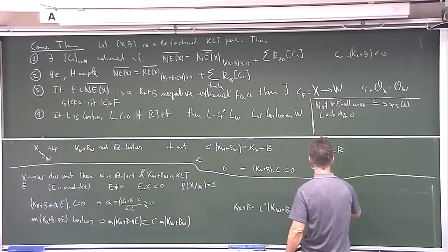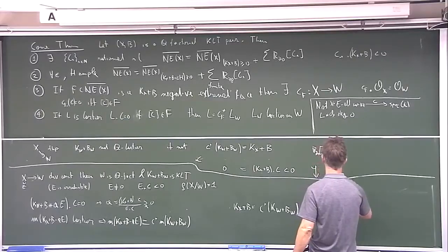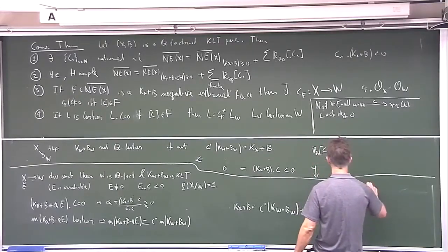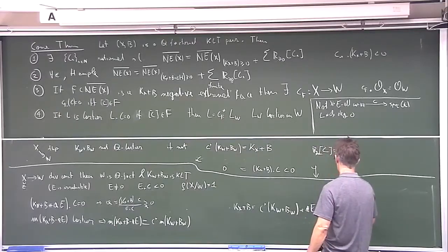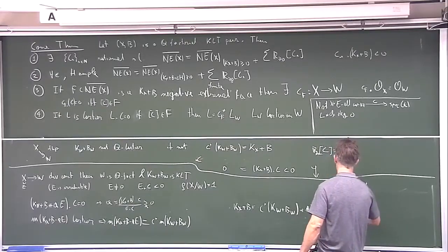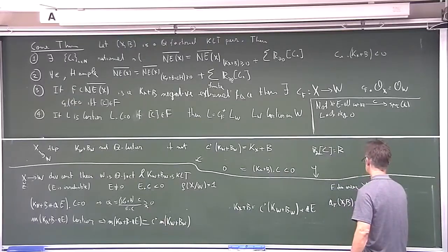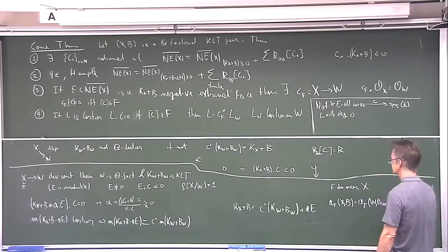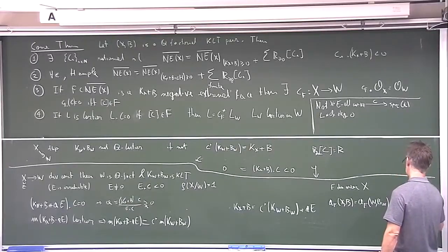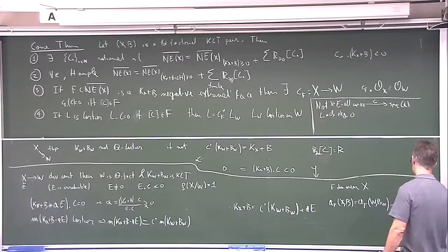If you pick F, any divisor over X, and you compute the discrepancy a(F, X, B), that will be equal to the discrepancy with respect to (W, BW), minus a times the multiplicity along F of E.